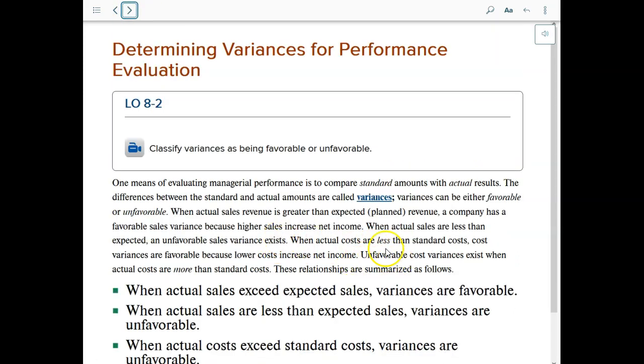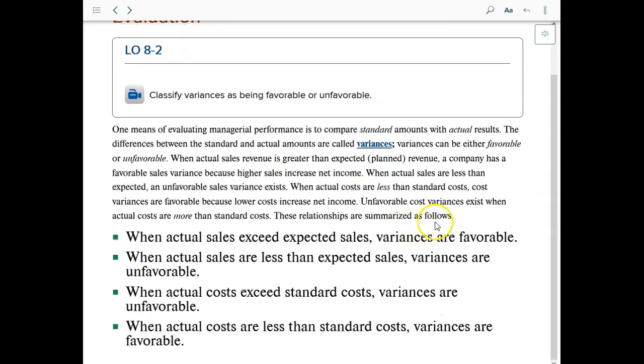Variance for performance. Now, variance is the difference between a budgeted amount, sometimes called a standard amount, and the actual results. That's a variance. And in the large letters here, they explain the variance. So when actual sales exceed expected sales, you sell more than you expected, that variance is favorable. That's always good to sell more than you expect, right?